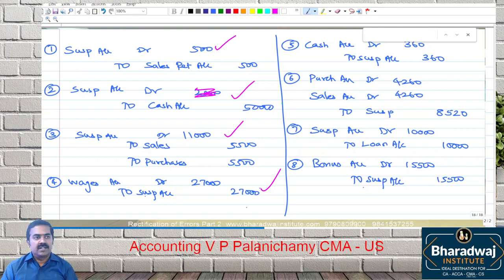Do you understand? We should have debited 52, but we debited only 27. Debit that 27,000 more. It affects only the wages account. Don't put it to cash; if you put cash, you are making an error. Is it specified in cash that it is wrongly posted? No. It is an error affecting only the wages account.